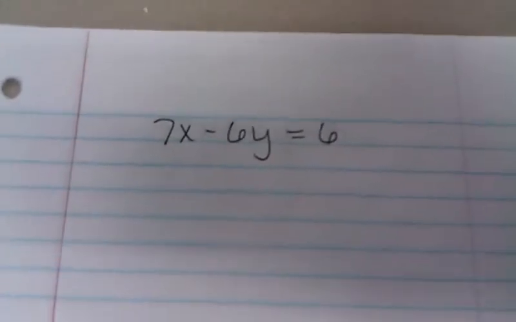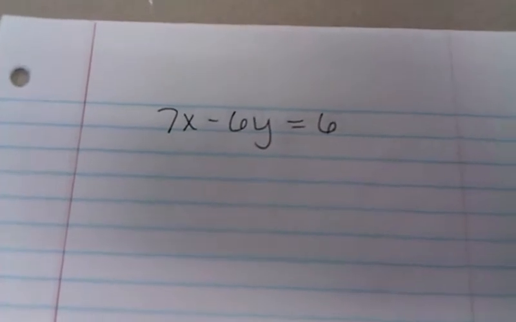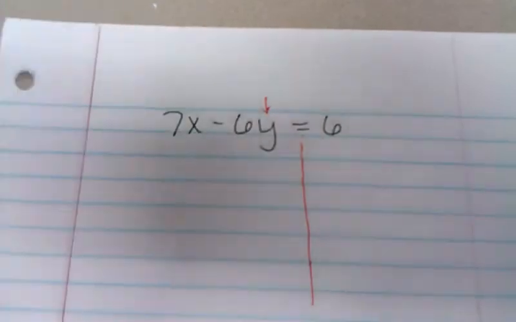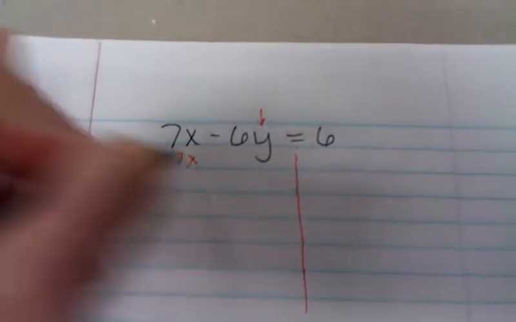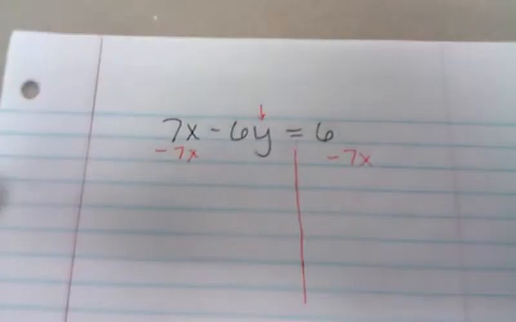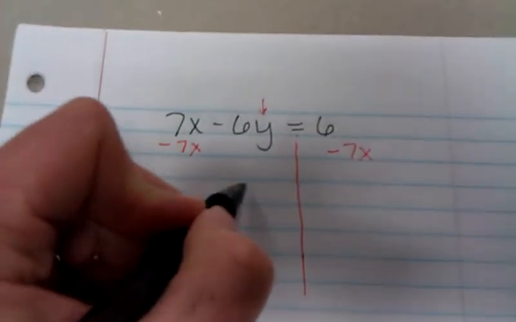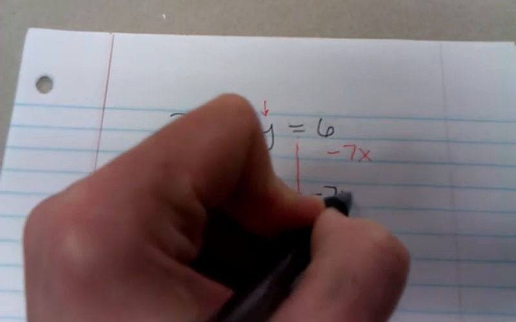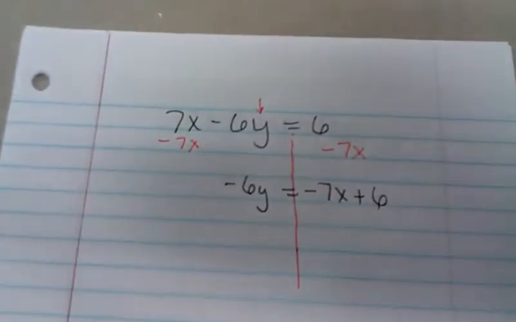The next one, again, try and solve for y and pause it. I'm going to get my y by itself. I'm going to subtract 7x from each side. I get negative 6y equals negative 7x plus 6.